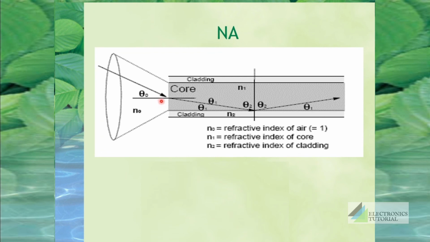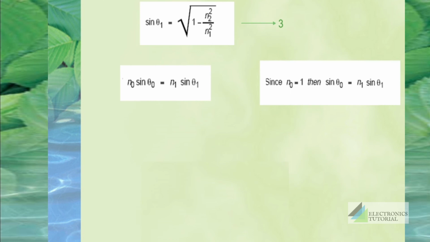Now we'll apply Snell's law at air-core interface. We can write the first section as n0 sin theta 0 is equal to, at the core side, n1 sin theta 1. We know for air, n0 is equal to 1. So we can rewrite the equation as sin theta 0 is equal to n1 sin theta 1.